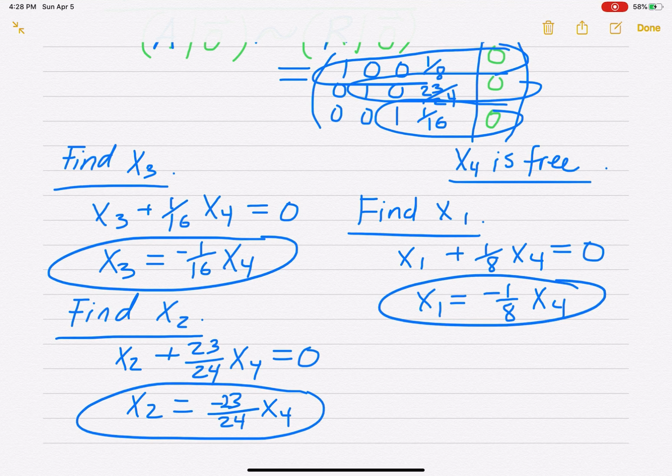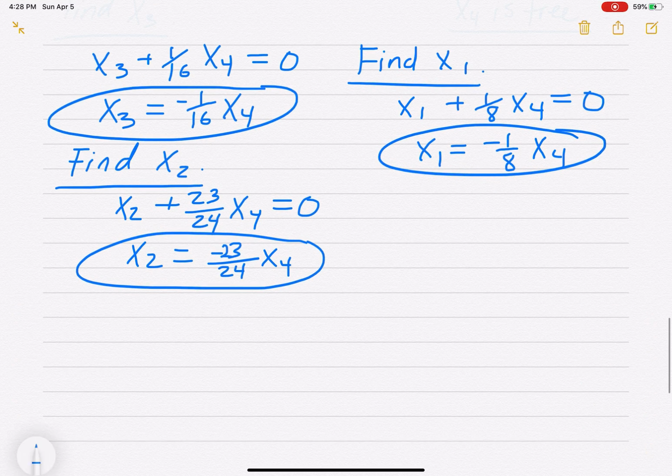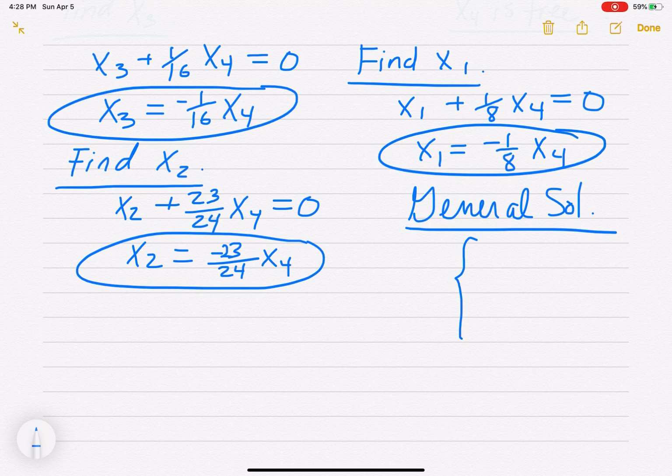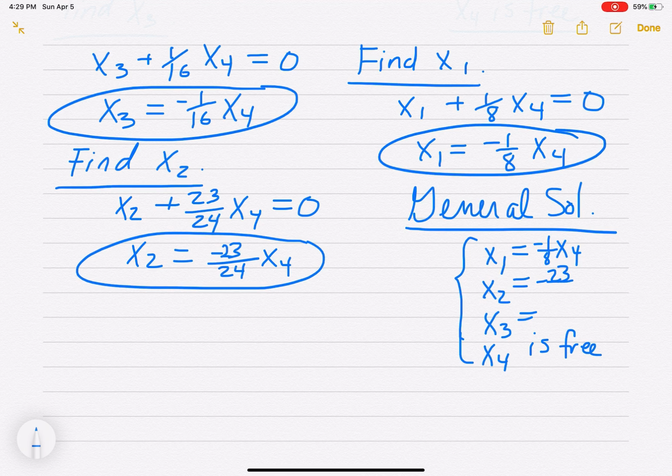So I'm going to focus on my general solution. So x1, x2, x3, and x4 is free. So x1 we got negative 1/8 x4, x2 we have negative 23 over 24 x4, and x3 is negative 1/16 x4.